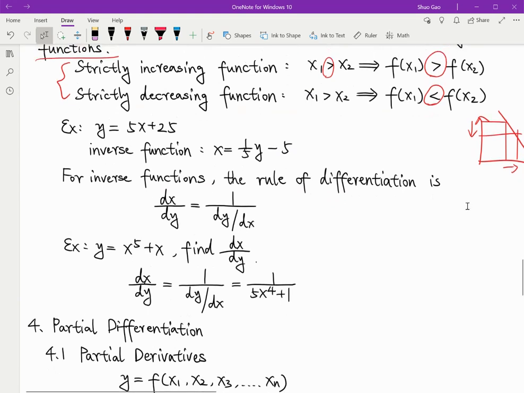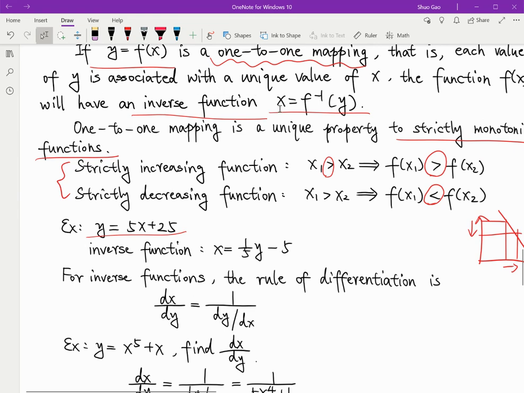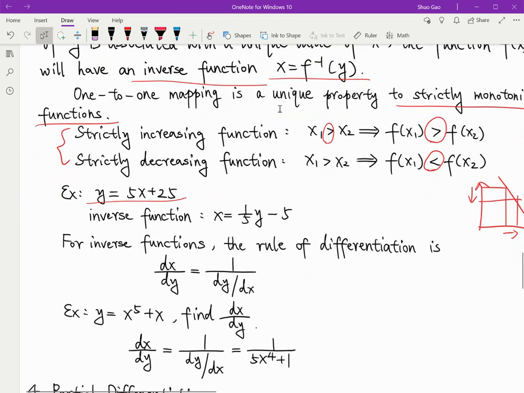So for example, there's a linear function, y equals 5x plus 25, and we want to find the inverse function of that. First we need to verify that this is a strictly monotonic function.